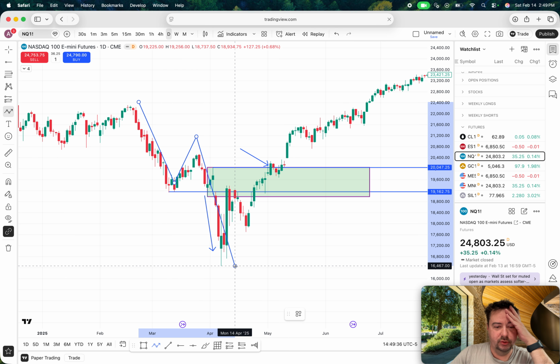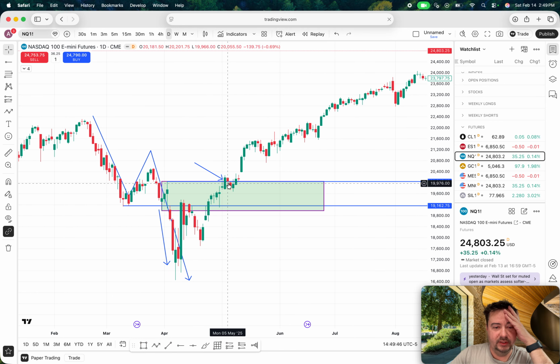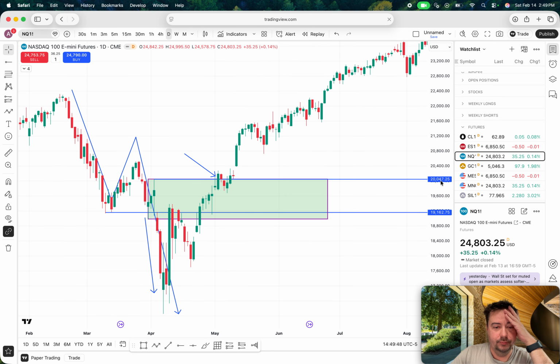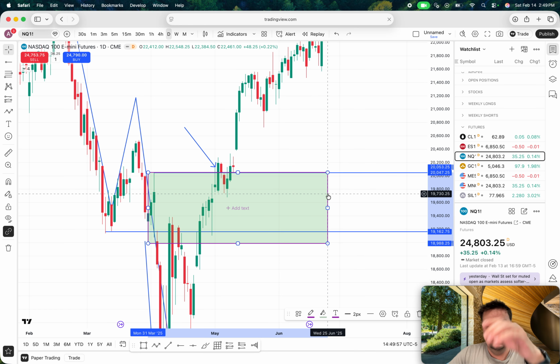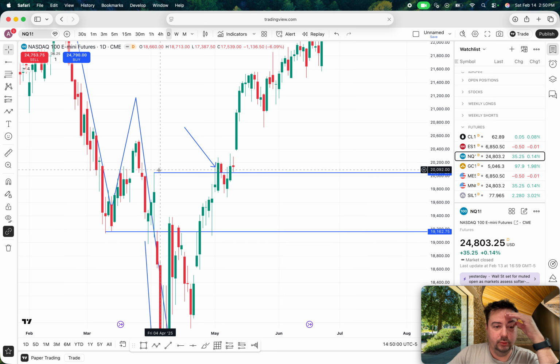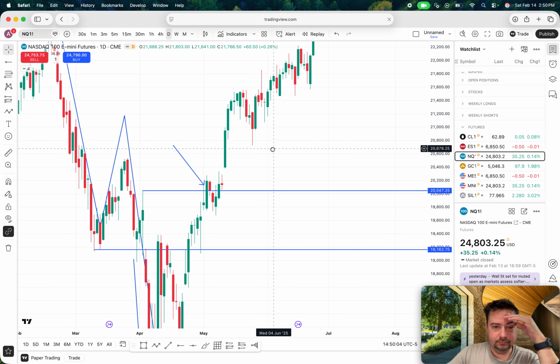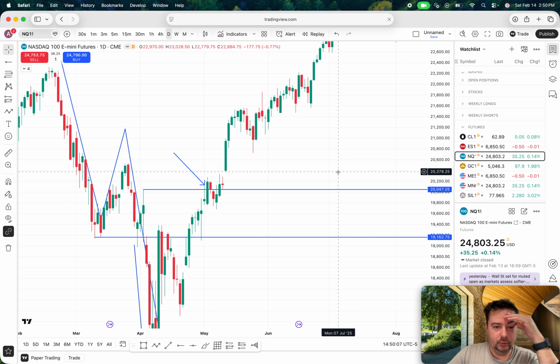It swept liquidity down here, came up, retested the order block, rejected it at this point, but then came up, came through it, had a little consolidation day right there, a couple of days, and then it broke that liquidity line right here, and then moves higher. Okay? Quick and dirty.